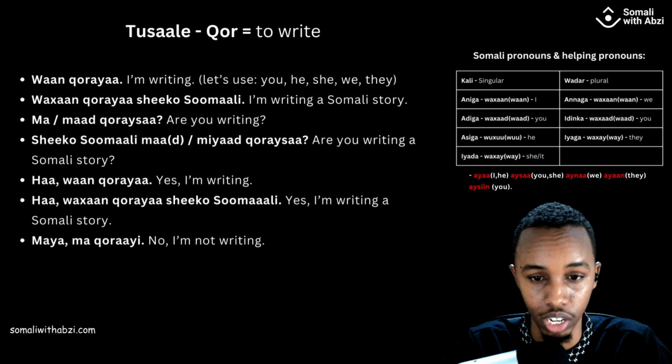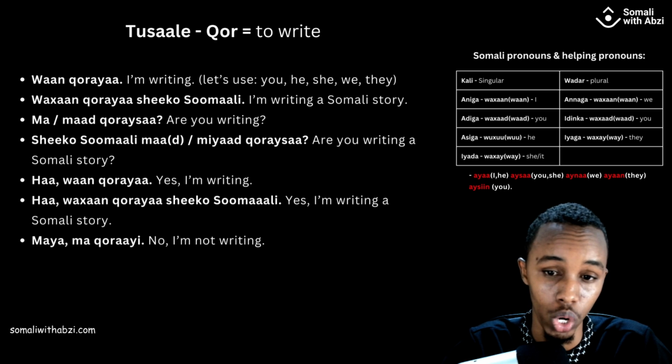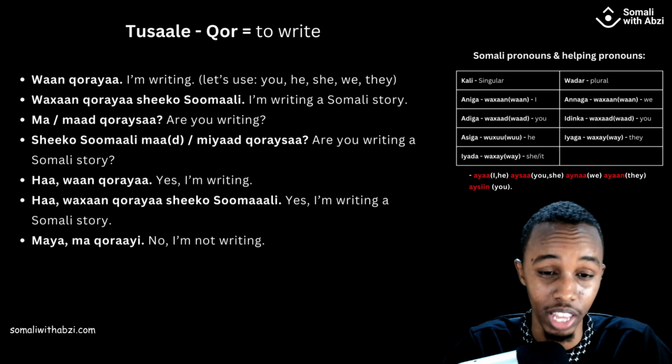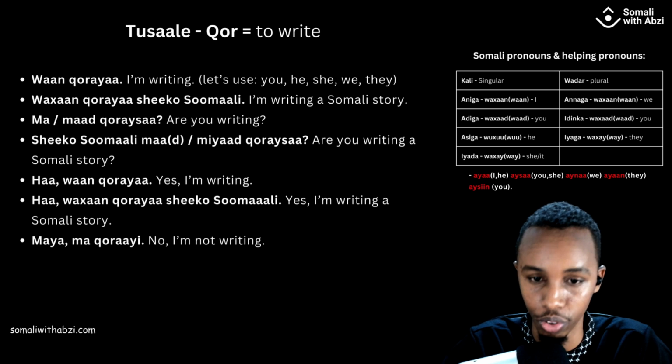So before I go to the next, you have to write down the other ways, like you are writing, he is writing, she's writing, we are writing, they are writing, and you are writing for the plural, in each sentence, please. Because in the previous part, I explained everything and what you're going to do. So now it's your turn. Don't forget. Okay.